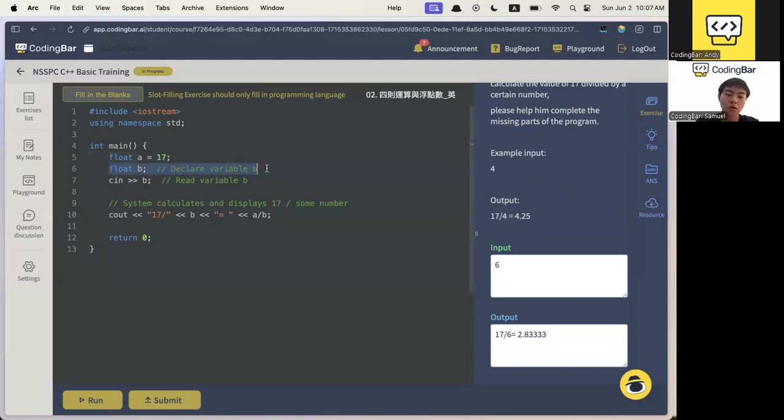What we are going to fill in is that we have to define a float b first, and then we have to read the variable b, and then we calculate and print it out. One thing to take note of is that b cannot be 0. If b is 0, it will throw an error. So be careful of this.